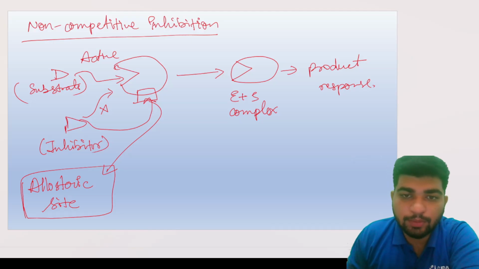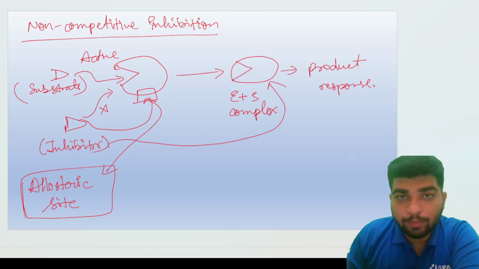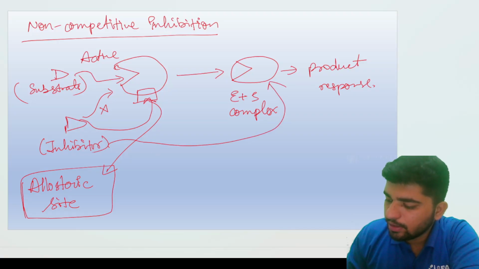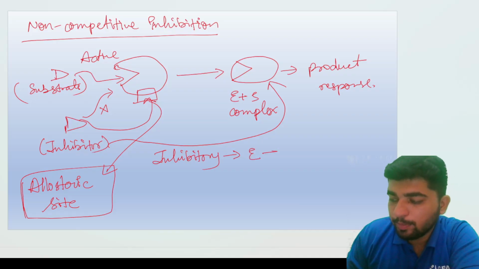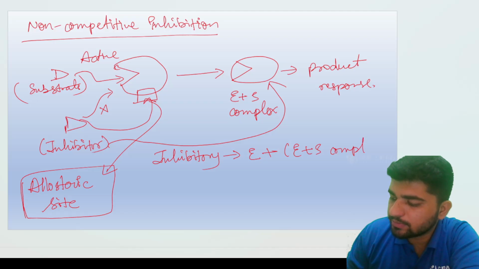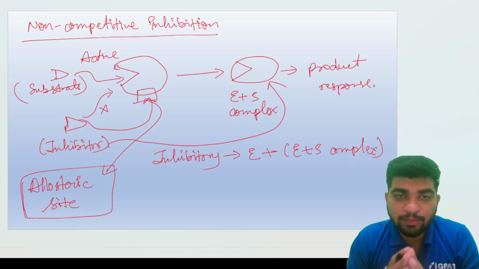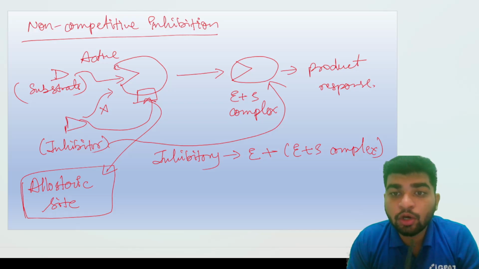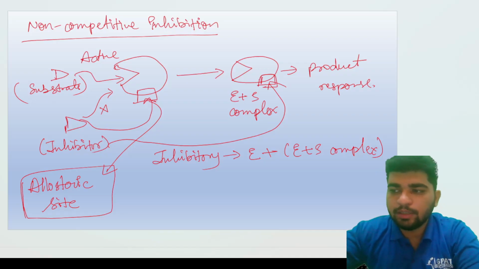But the inhibitory drug will bind onto the allosteric site, and it also has the capacity to bind onto the ES complex. So the inhibitory drug can bind onto the enzyme and the ES complex, on both sides, and show non-competitive inhibition.